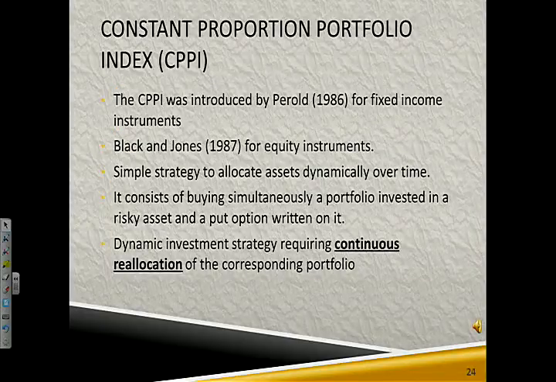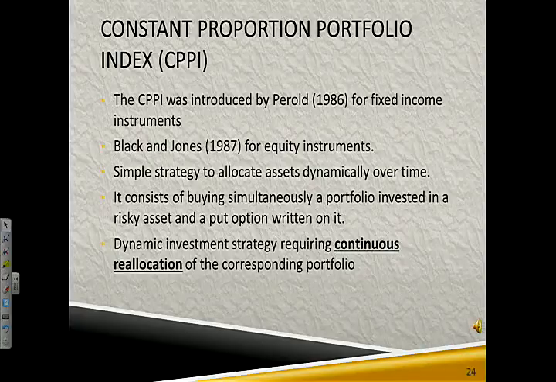Next we will talk about Constant Proportion Portfolio Insurance, or CPPI. This was introduced by Perold back in '86 for fixed income instruments. Now Black and Jones also wrote about this for equity instruments. It is a simple strategy to allocate assets dynamically over time. This consists of buying simultaneously a portfolio invested in a risky asset and a put option written on it.